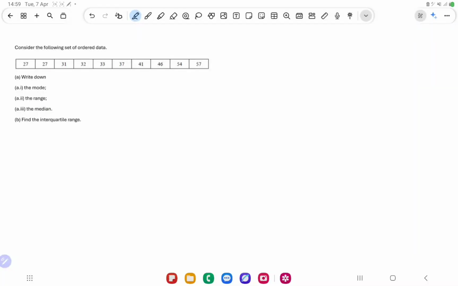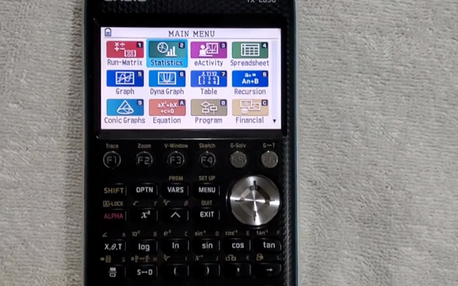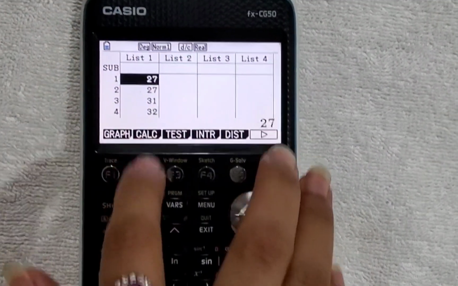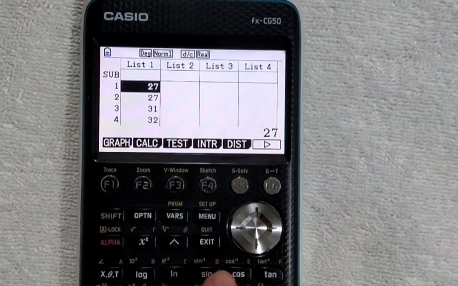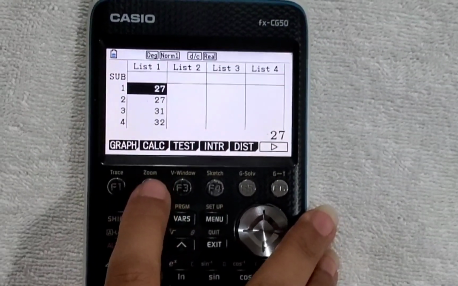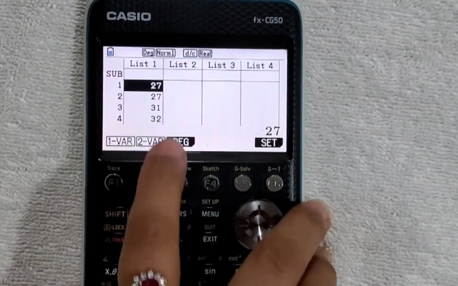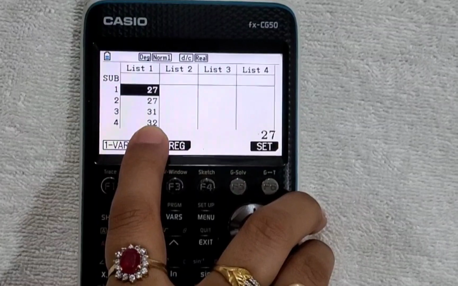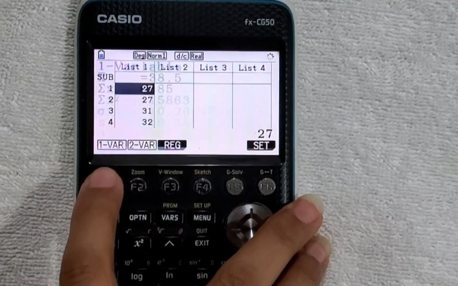In this question, we are given a set, and we have to find the mode, range, median, and interquartile range. All of this we can find using GDC in hardly 5 seconds. Let's see. Now we'll go into statistics. Here I have already entered the data given in the question. Now I'll again press F2, that is calc. Since only data is in list 1, I will press 1 var.